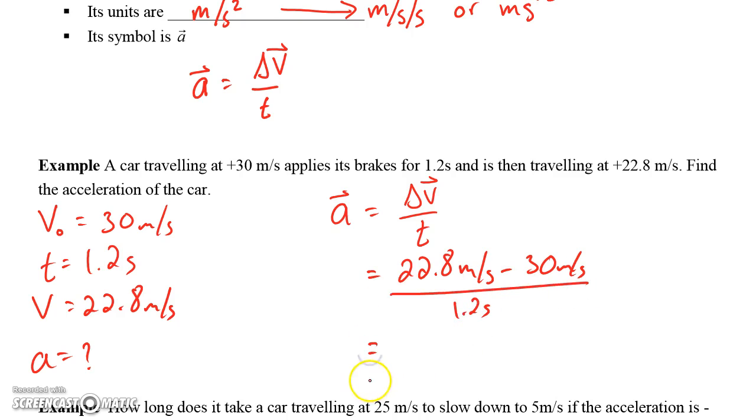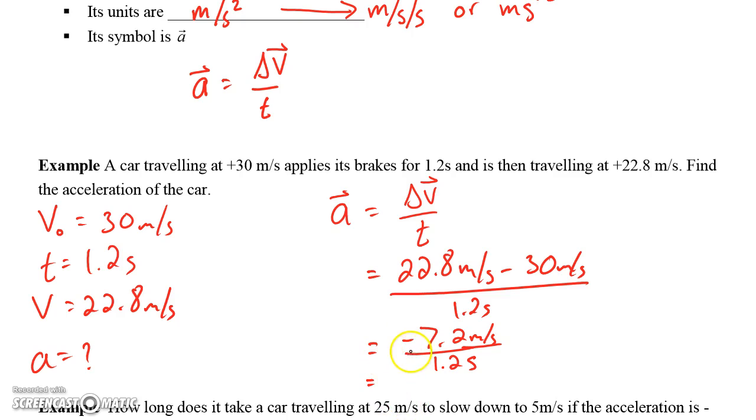Now I'm going to do this in one extra step here because I want to show the 22.8 minus 30 so that we can keep track of our sig figs properly. So when you put this in your calculator, 22.8 minus 30 gives you negative 7.2, and that's meters per second, all over 1.2 seconds.